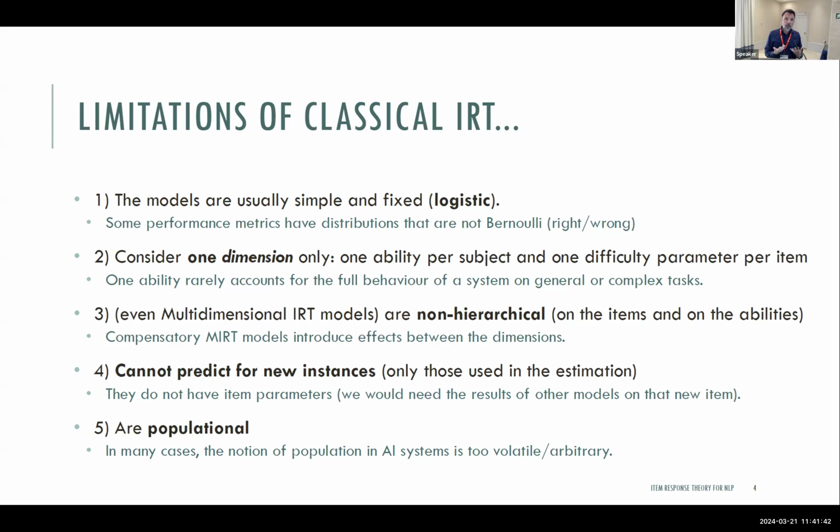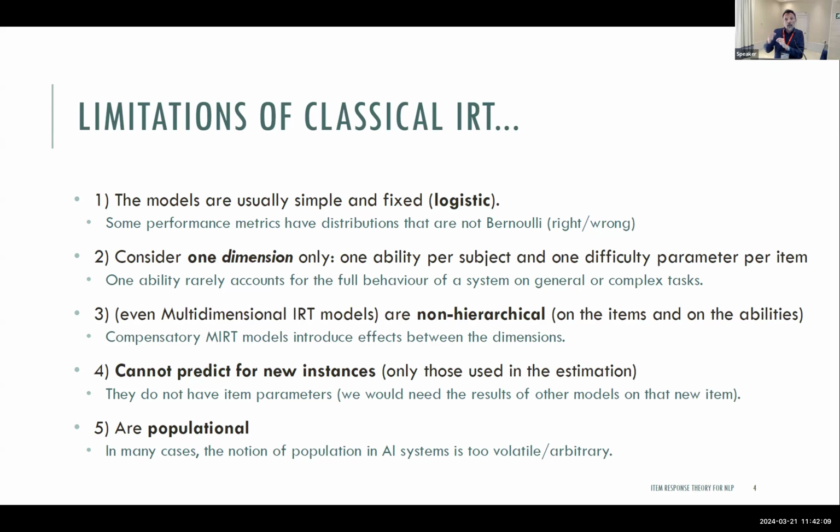And a fourth limitation is, imagine you have a new instance, you haven't tried that instance with any of the models. And you have a model that has capability or ability 3.2. What can you say? Nothing. With this, you have to take this instance, put it into the pool, and take the difficulty parameters and all the parameters. And once you have that, you can predict for that instance.